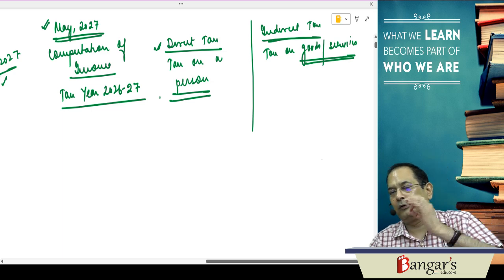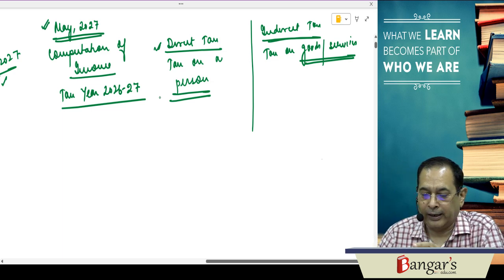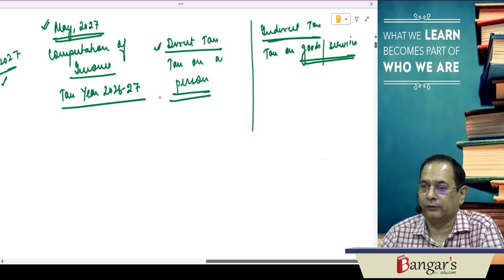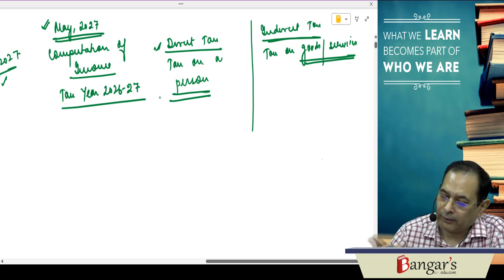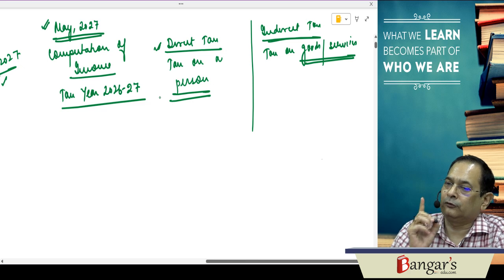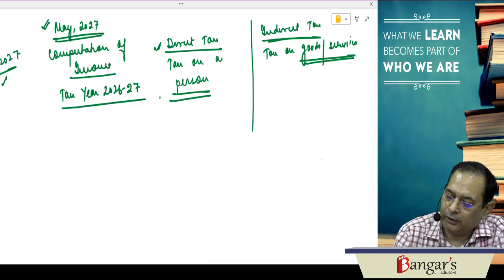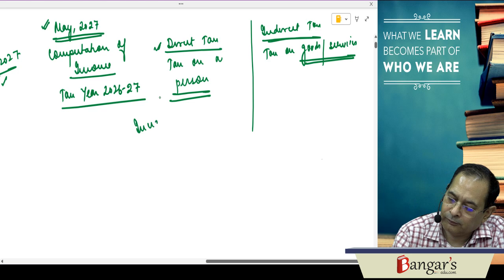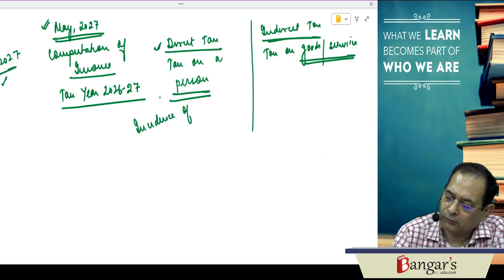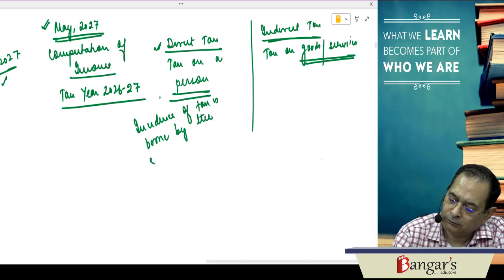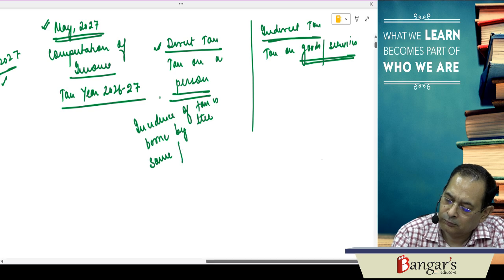Indirect tax is not a tax on a person. Indirect tax is a tax on goods or services. Now in case of direct tax, the incidence of tax is borne by the same person who pays the tax.